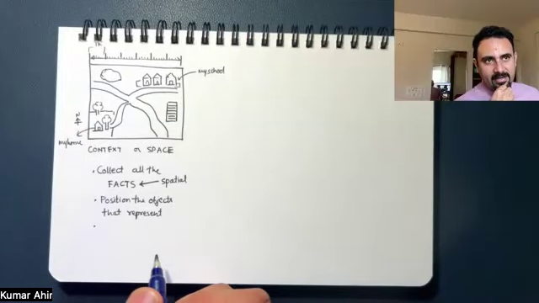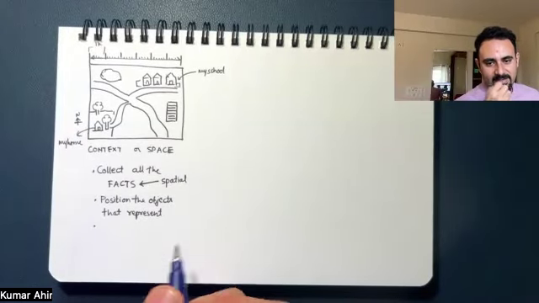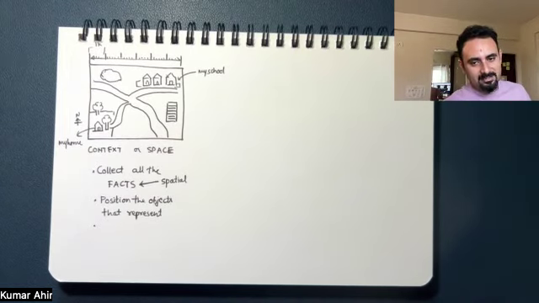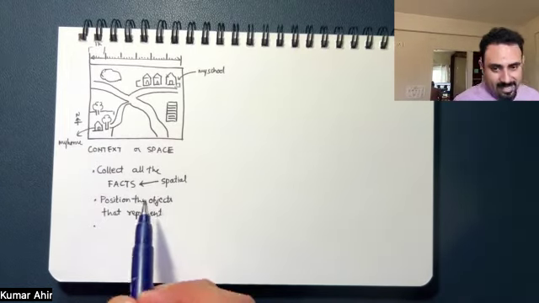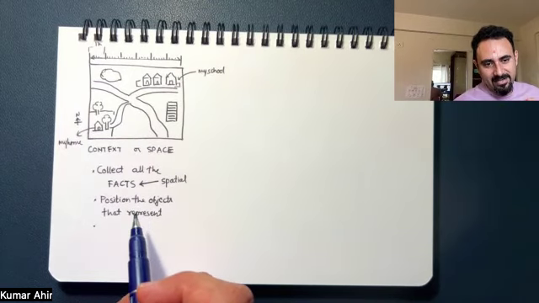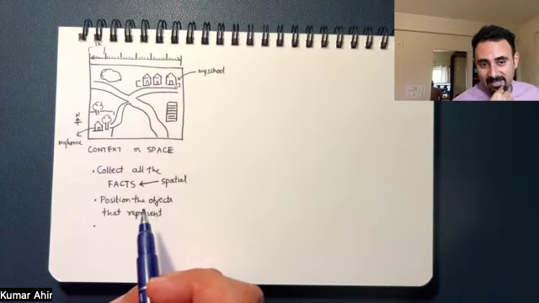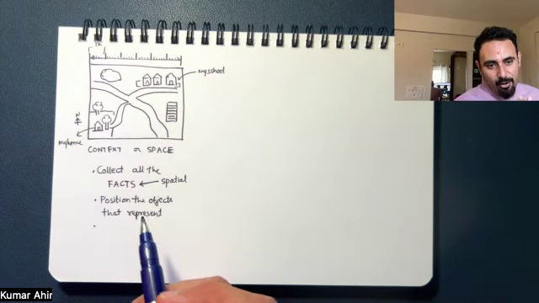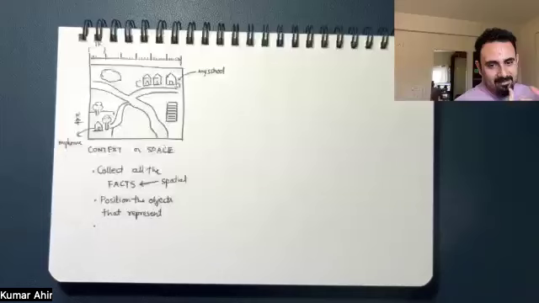It is not like the population of India is, let's say, 140 crore, or the population of some other country is so much. That fact is not spatial in nature. We can actually make it spatial by saying that the spread of Indian population in the country is such.